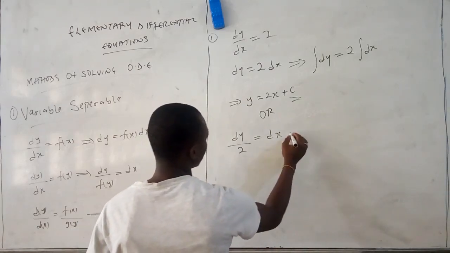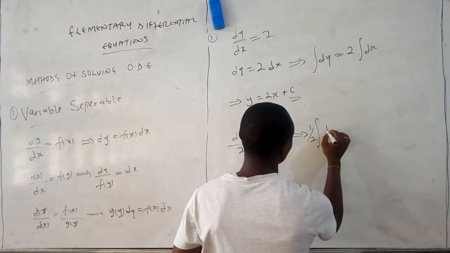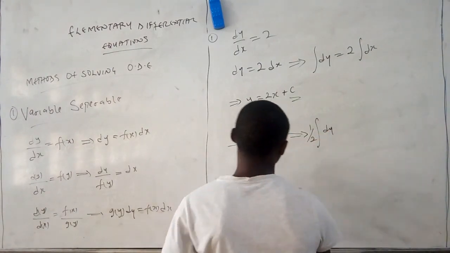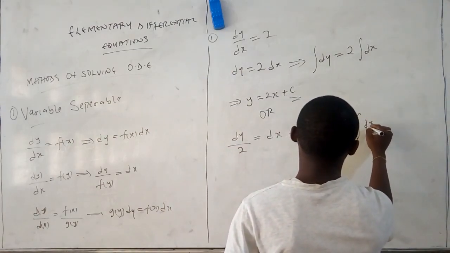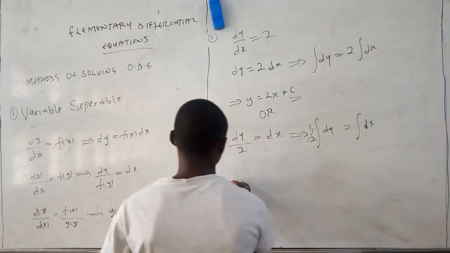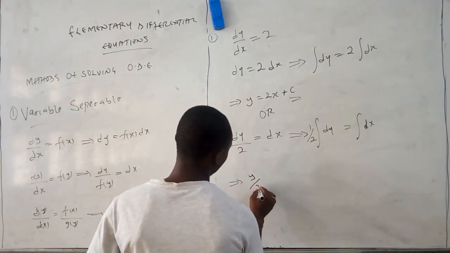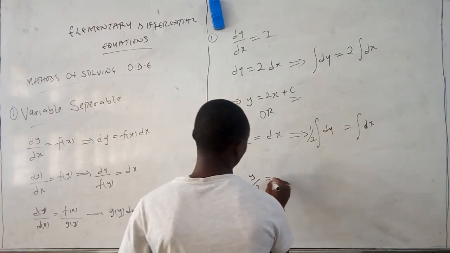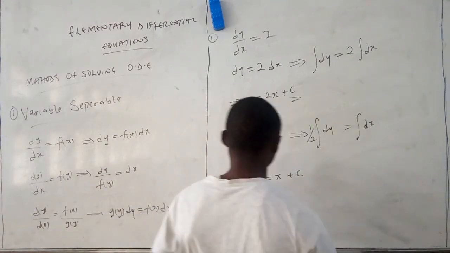So if you integrate 1 over 2 dy is equal to integral of dx, you have y over 2 is equal to x plus c, constant of integration.